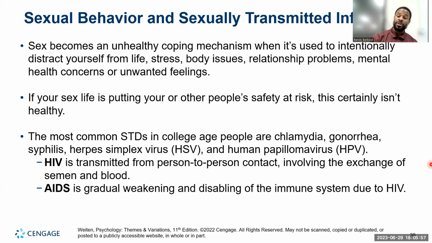We sleep with more people to try to reduce the tension and the stress that we feel. And these, again, are unhealthy coping mechanisms, right? We try to distract ourselves from life stress, body issues, relationship issues, and it oftentimes can lead to things that we don't want, right? STDs: herpes, human papillomavirus, gonorrhea, chlamydia. Some of these things can be cured, others cannot, like herpes, which can't be cured, right?